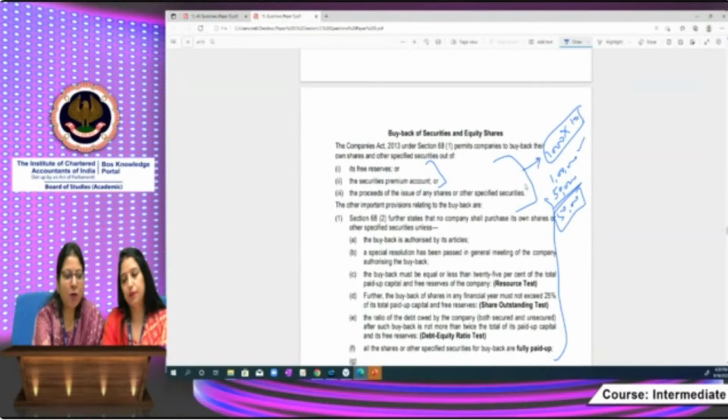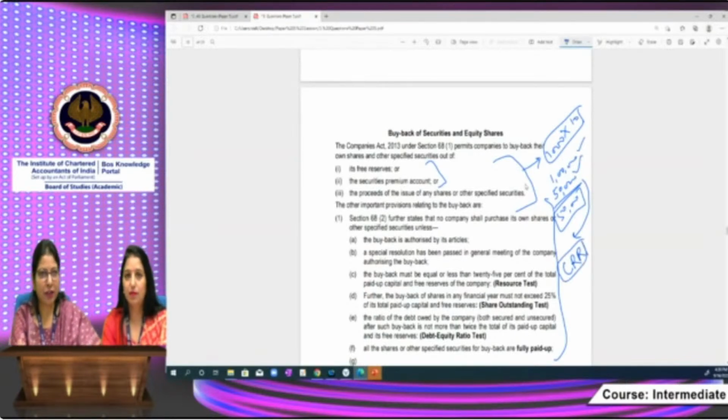And whatever amount we are using from free reserves or securities premium, for that amount we have to transfer the amount to CRR, that is Capital Redemption Reserve. Why do we transfer to CRR, ma'am? Generally, students ask this question. To maintain the capital structure intact, because we do not want the capital structure to be disturbed.